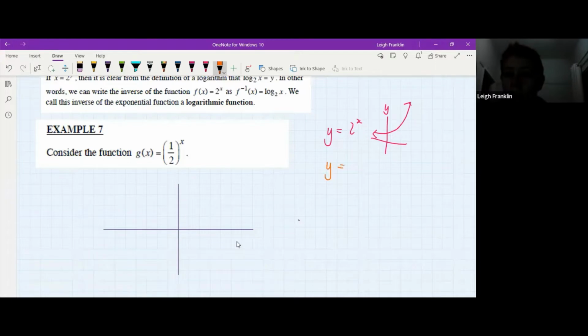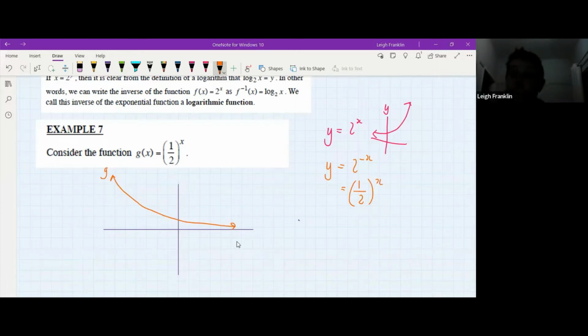Well, when we reflect over the y-axis, x changes sign, doesn't it? And that's why, because it has a negative exponent, we would write it as 1 over 2 to the power of x. So it's the same function, it's just been reflected over the y-axis. So it would look like this. Okay, so that would be g.